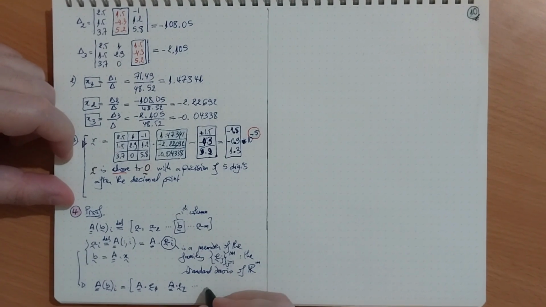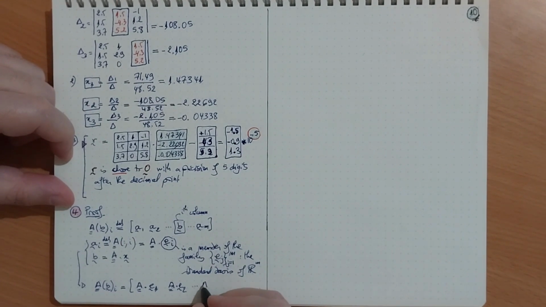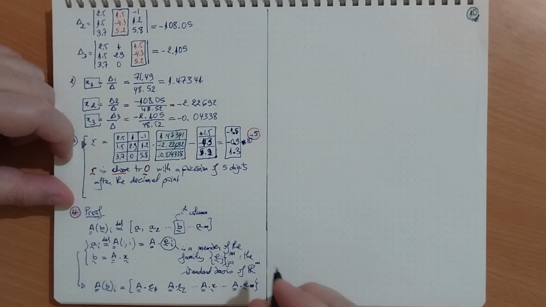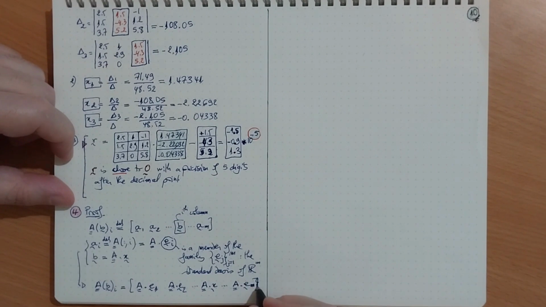And then B is AX. And the last column is A dot EM, the last vector in the standard basis.